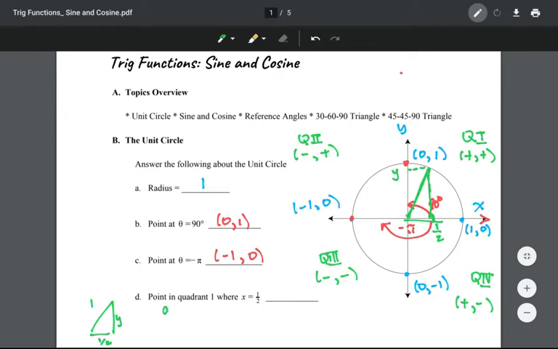We can use the Pythagorean Theorem. A squared plus b squared equals c squared. A squared, that's going to be 1/2 squared, plus y squared is equal to 1. This gives us 1/4 plus y squared equals 1. So y squared is 1 minus 1/4, which is 3/4. I'm going to go ahead and take a square root.